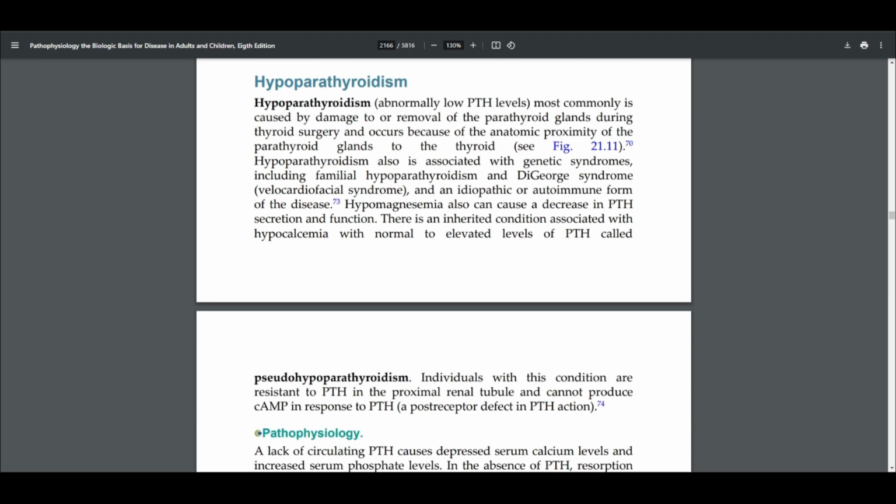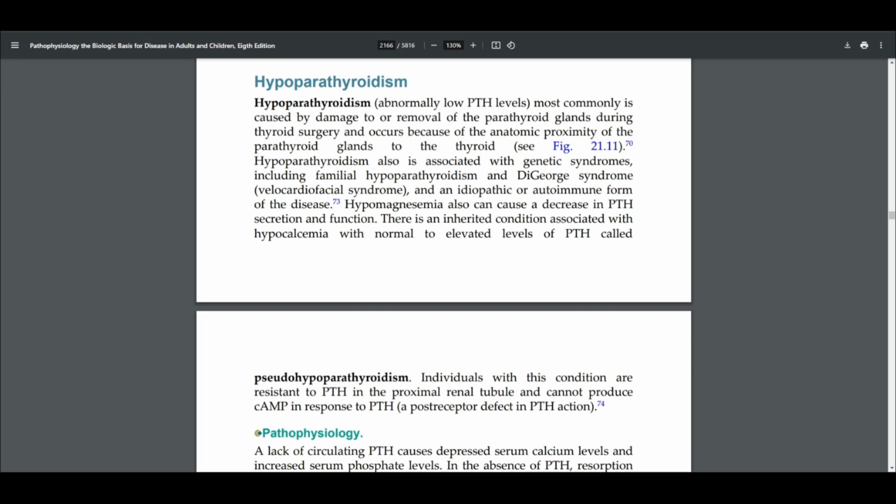So let's go the opposite route now to hypoparathyroidism. Hypoparathyroidism, abnormally low PTH levels, most commonly is caused by damage to or the removal of the parathyroid gland during thyroid surgery and occurs because of the anatomic proximity of the parathyroid glands to the thyroid.